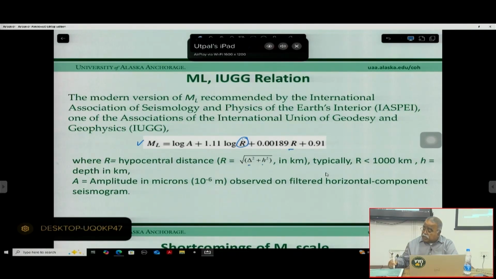The amplitude is measured in microns, that means 10 to the power minus 6. So whenever you are using the IUGG formula, be careful about your unit values. It has to be expressed in microns, and it has to be hypocentral distance, and then we can use that.